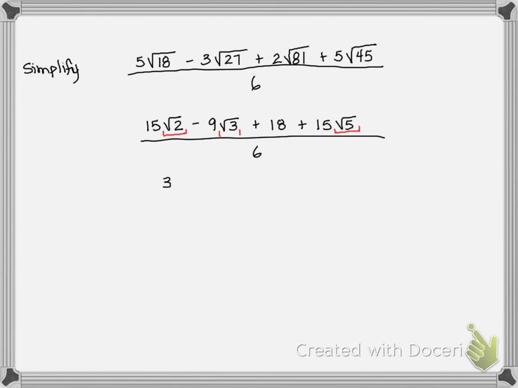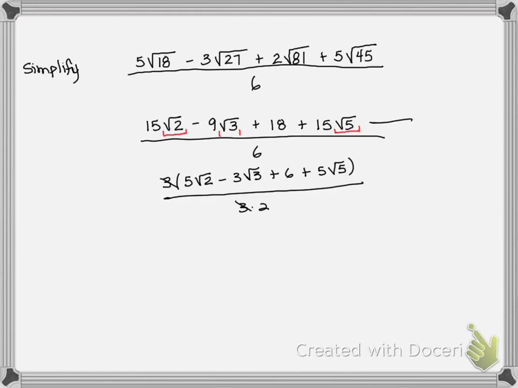So we would write this as 3√3 plus 6 plus 5√5 over 3 times 2, and then we can go like that, which simplifies the fraction, right? So this is the fully simplified version of the numerator.